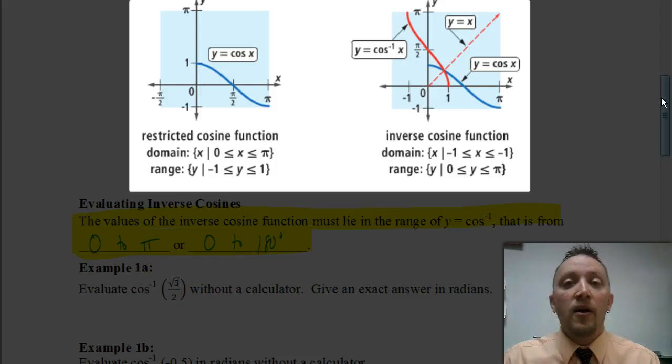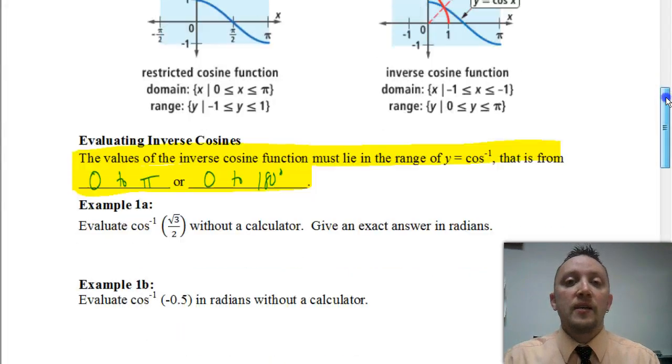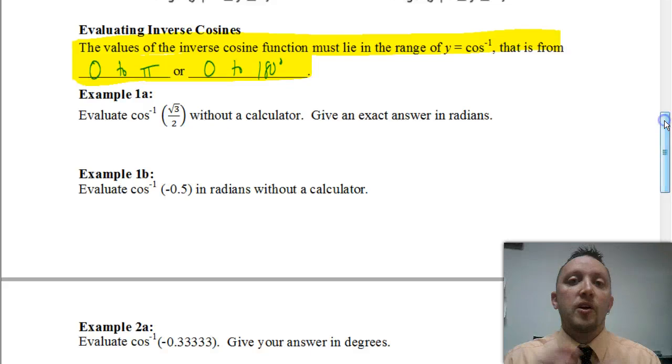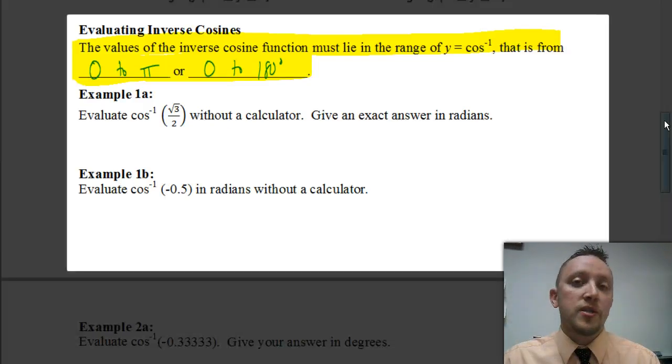So as you can see here, our domain is going from -1 to 1. So that's our inverse. The reason why that's so important is that it gives us a very important piece of the inverse cosine function: the inverse cosine function is always going to be dealing with values between 0 and pi, or 0 to 180 degrees.